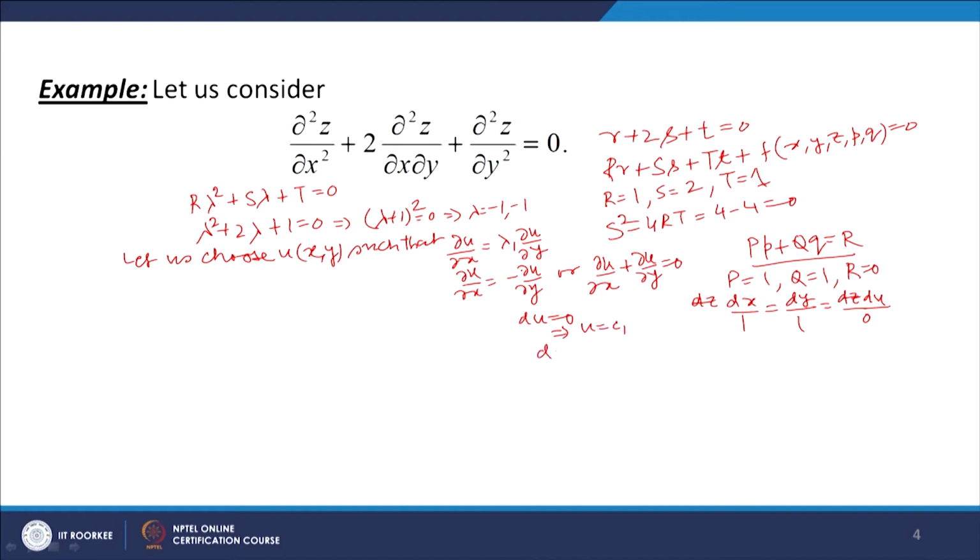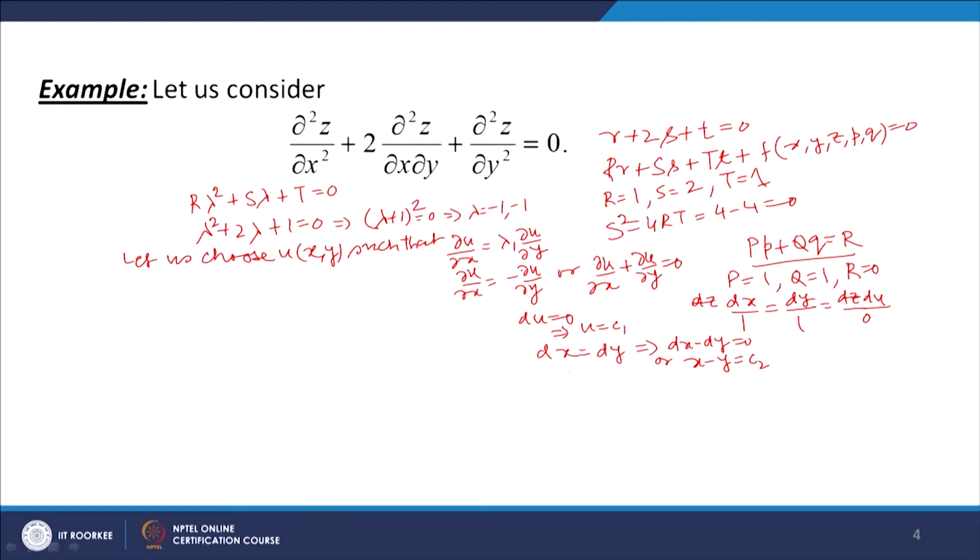And dx equal to dy gives you dx minus dy equal to 0, or we can say x minus y equal to some constant C2. So C2 is a function of C1.